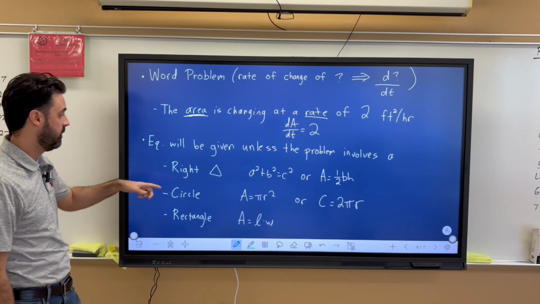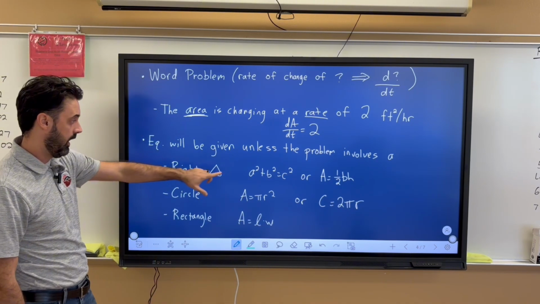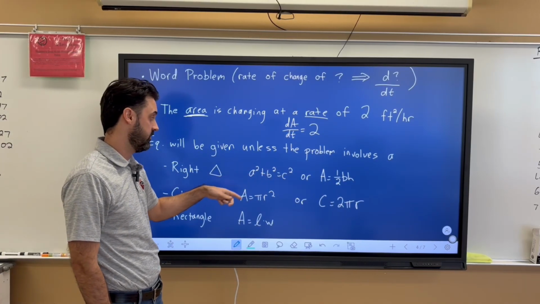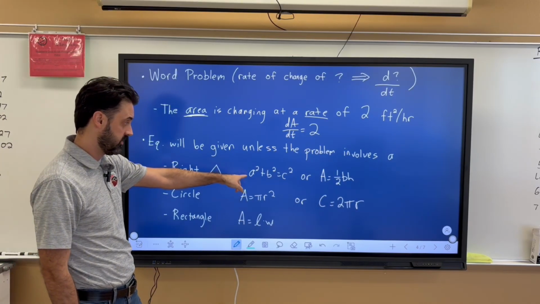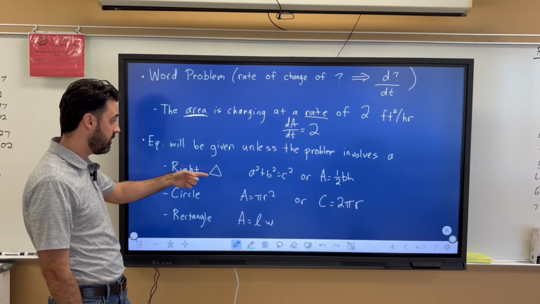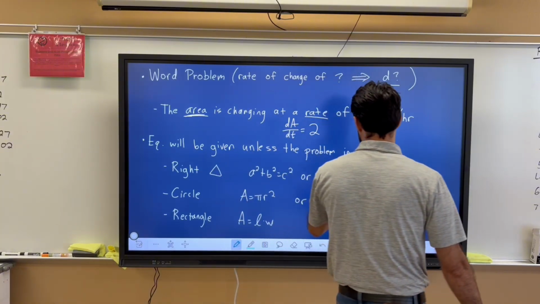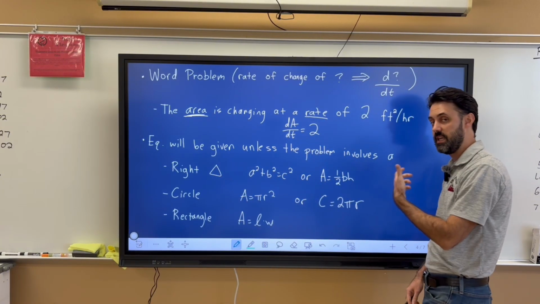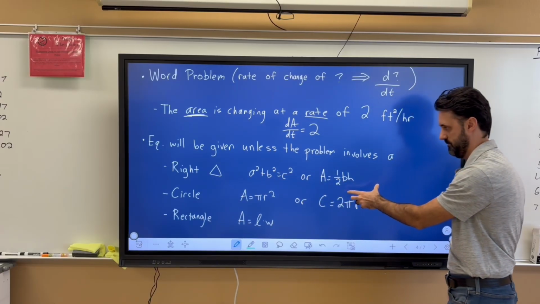So for example, if the problem involves a right triangle, sometimes we use Pythagorean theorem when we're talking about the 3 sides of a triangle. So if it's talking about the 3 sides of a right triangle, this will be your equation right here, Pythagorean theorem. If the question's talking about the area of really any triangle, this would be our formula instead, right? And so if it's a right triangle, they're not going to give us the formula. We have to decode from the question by using this one or this one.